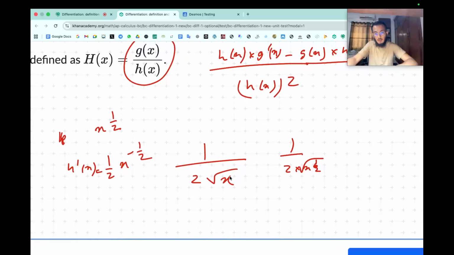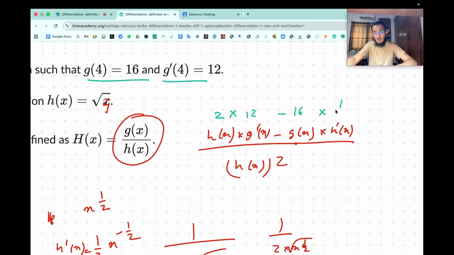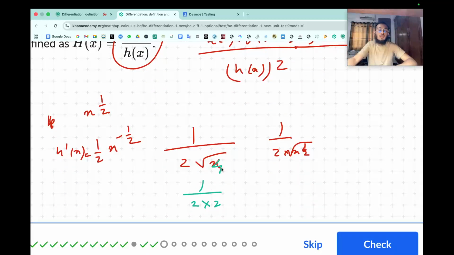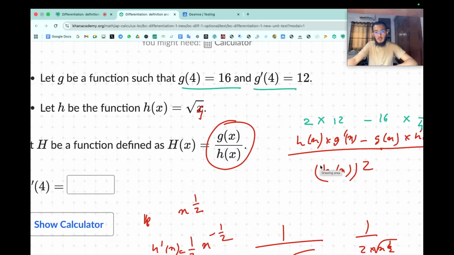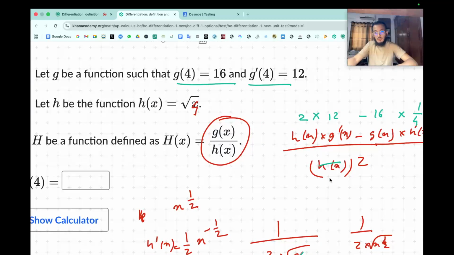So what do we get here if we plug in 4? 1 upon 2 into 2, 2 to the 4, 1 by 4. It's 1 by 4. Root 4 is 2, 2 into 2, 4. And h(x) squared: h(x) is 2, so 2 squared is 4.